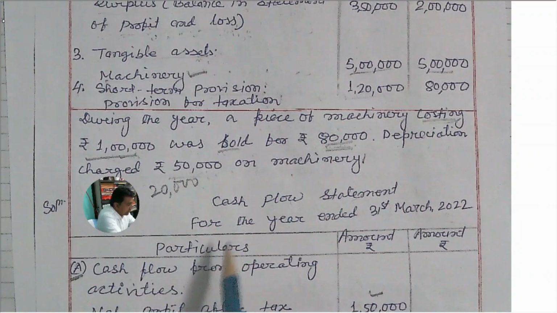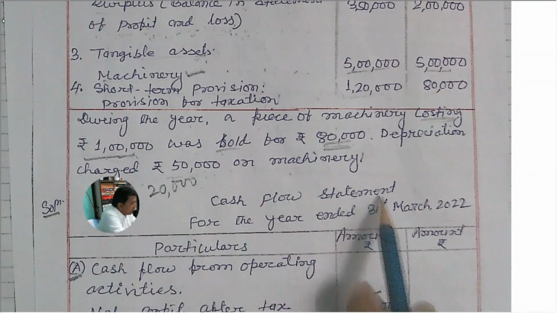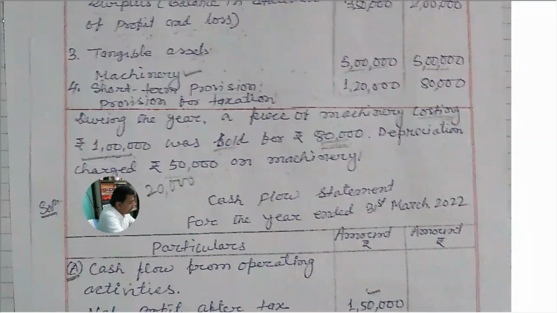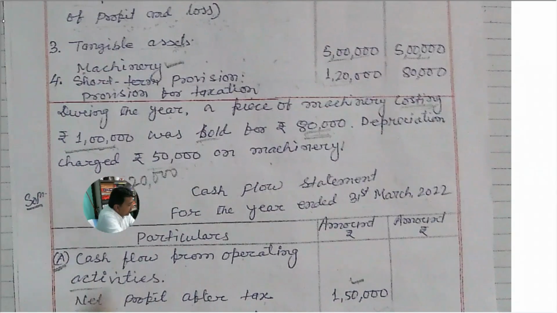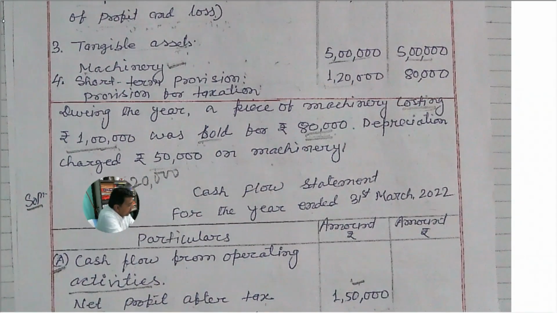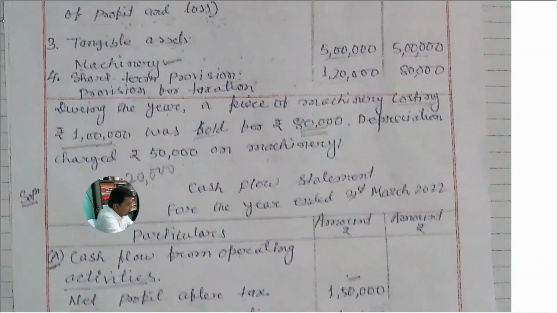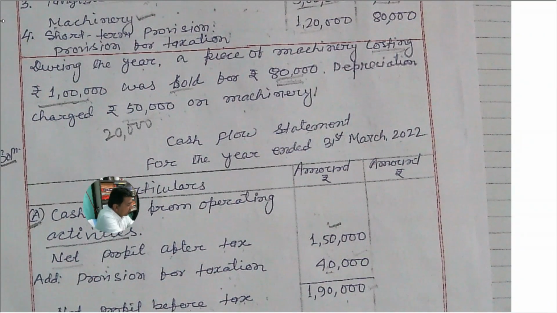So after the questions, next the solution. Cash flow statement for the year ended 31st March 2022. Cash flow from operating activities, and net profit after tax and extraordinary items.